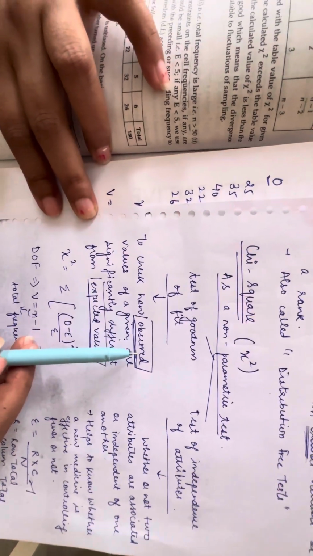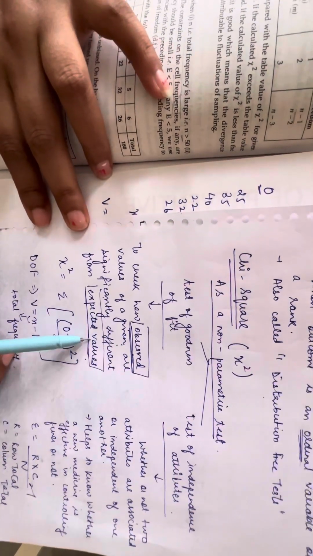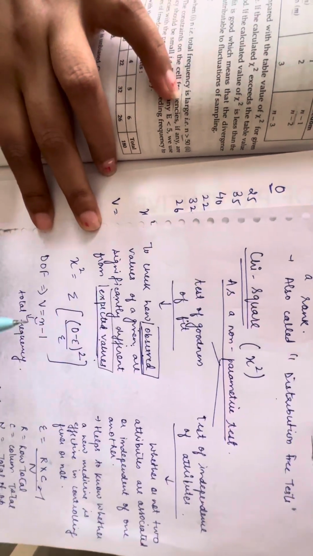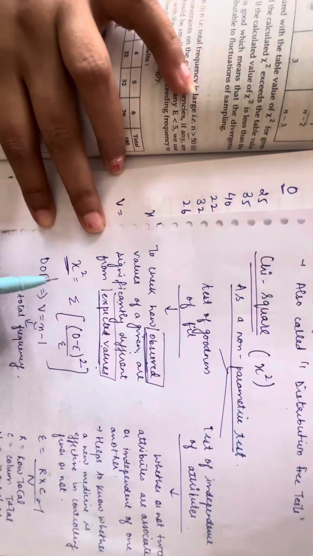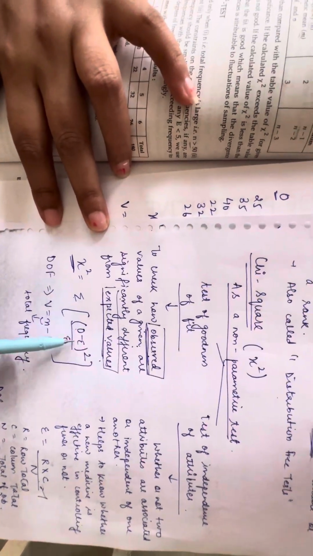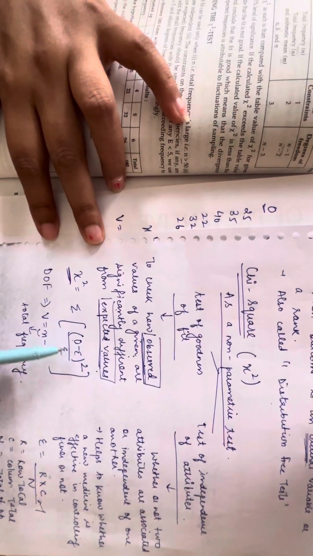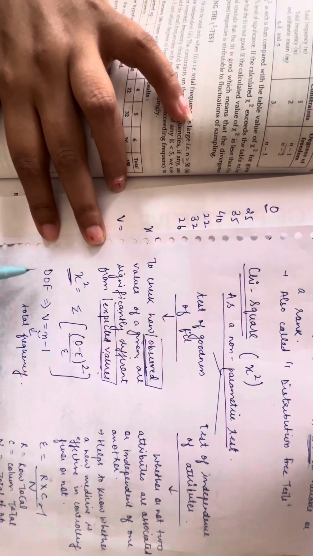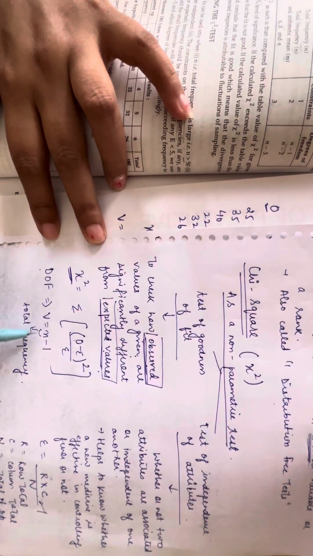Here there are two terms, observed and expected values, and the formula for chi-square is the summation of observed minus expected whole square upon expected, and the degree of freedom would be n minus 1.